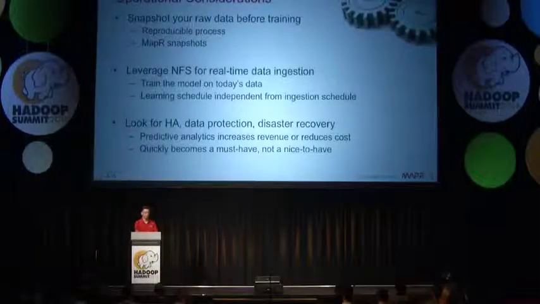You might also want to consider leveraging NFS for the real-time data ingestion part. So essentially train the model on today's data, and also decouple the learning schedule from the ingestion schedule, potentially with the snapshots.